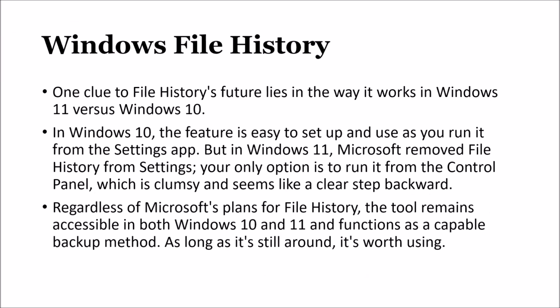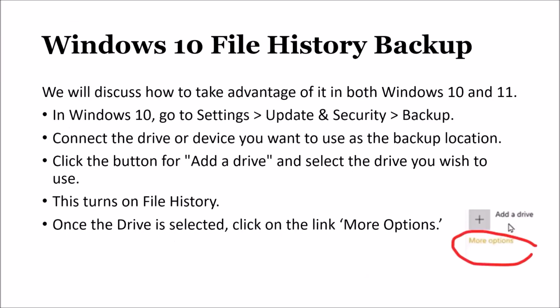Regardless of Microsoft's plans for File History, the tool remains accessible in both Windows 10 and 11 and functions as a capable backup method. As long as it's still around, it's worth using. We will discuss how to take advantage of it in both Windows 10 and 11.